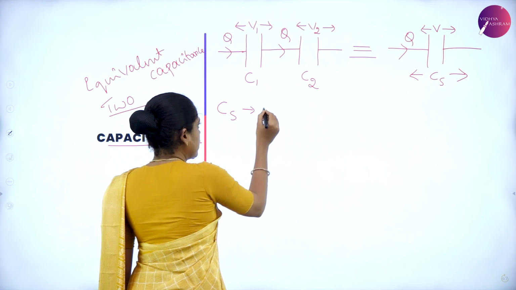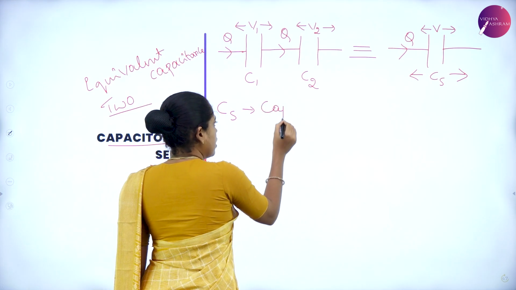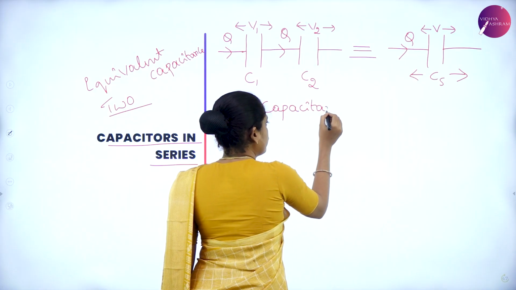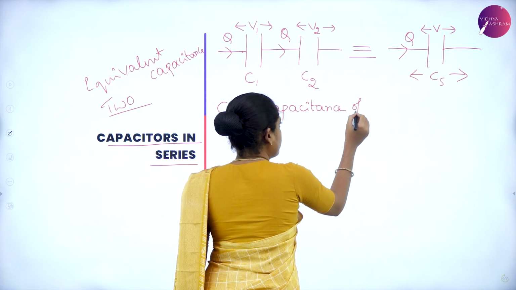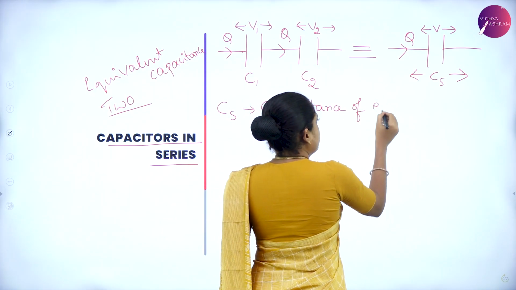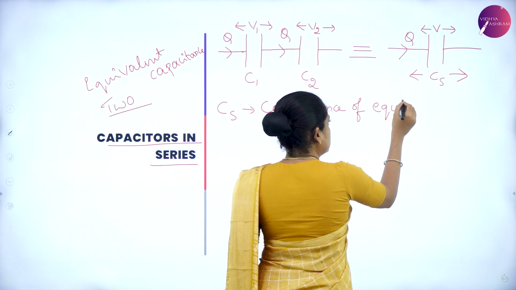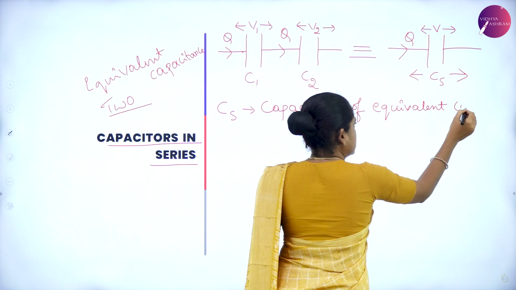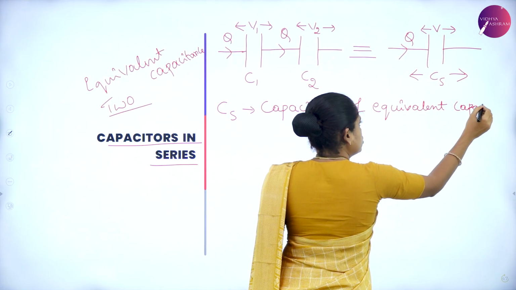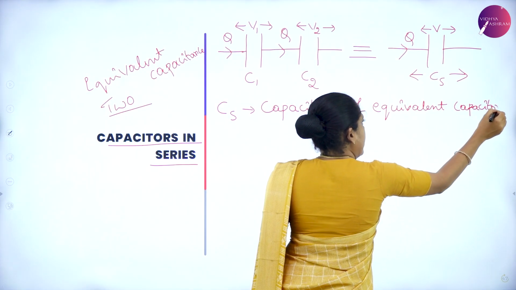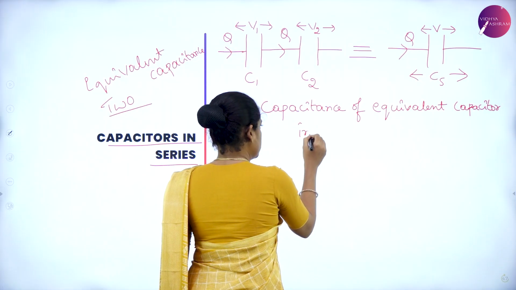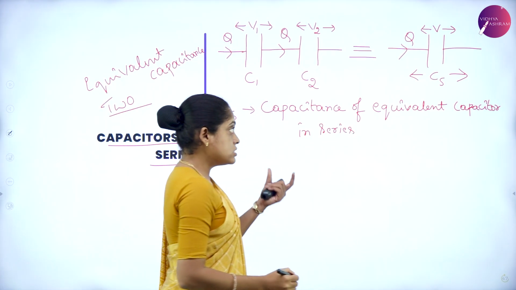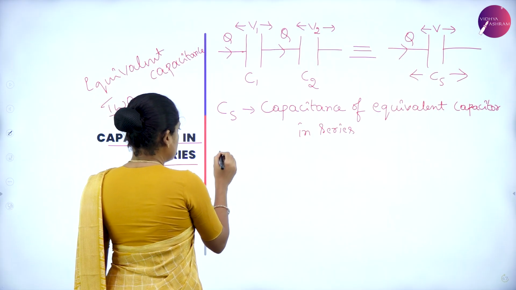So what is CS? CS is the capacitance of the equivalent capacitor in series combination. Now, what is an equivalent capacitor?